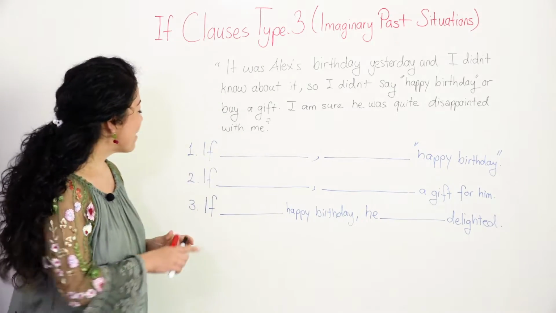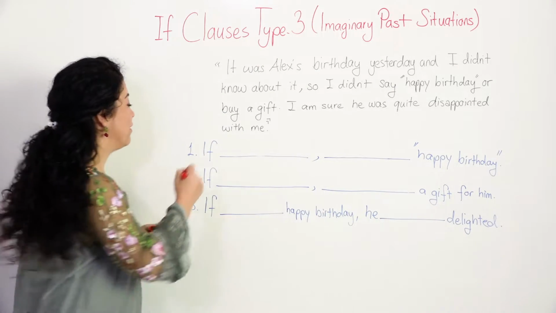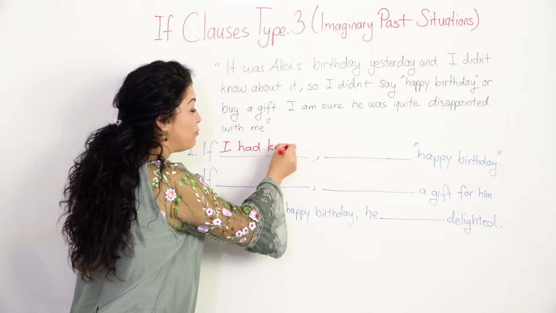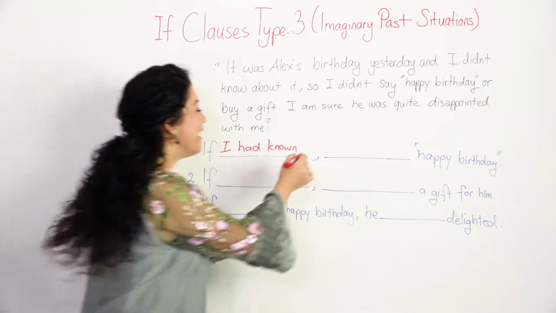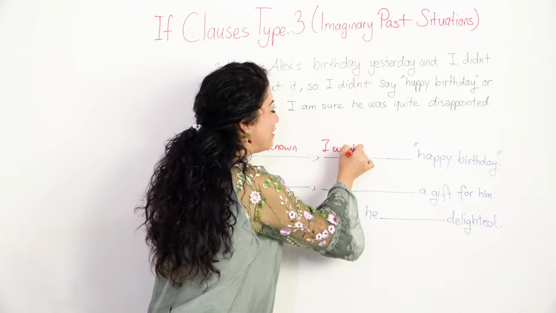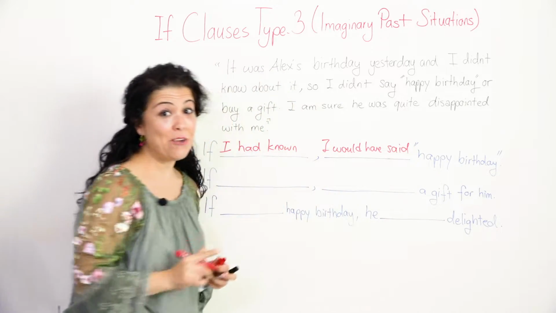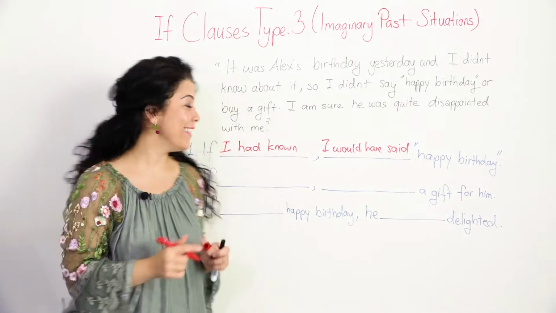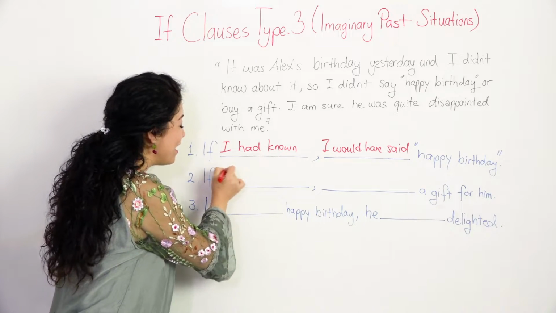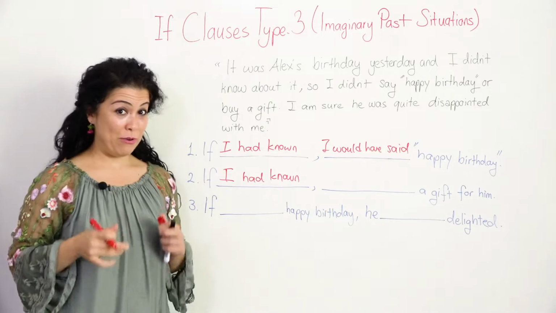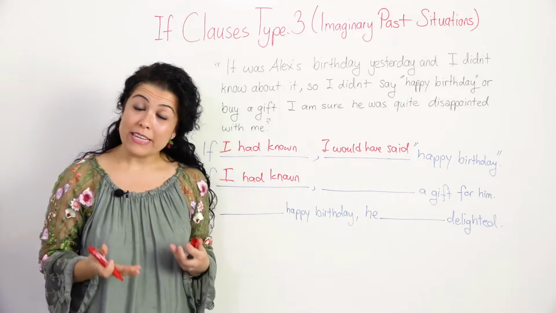So, if I had known that it was his birthday, I would have said, definitely, I would have said happy birthday. And again, if I had known that it was his birthday, I could have bought a gift for him.